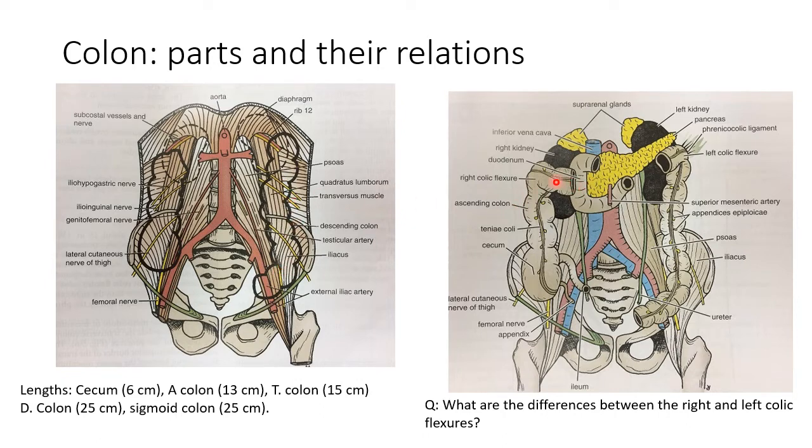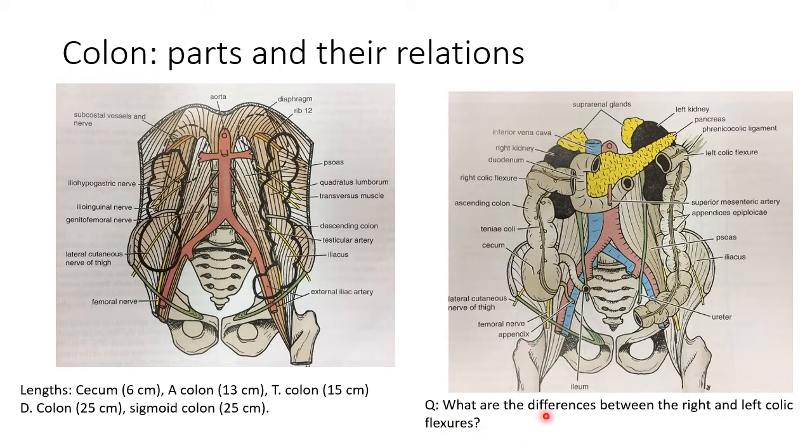If we come to the transverse colon, these are the posterior relations of the transverse colon, including the second part of the duodenum, the head of the pancreas, and if you go more laterally, then it will be related to the left kidney.